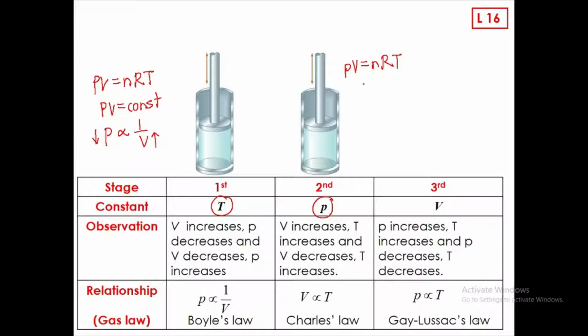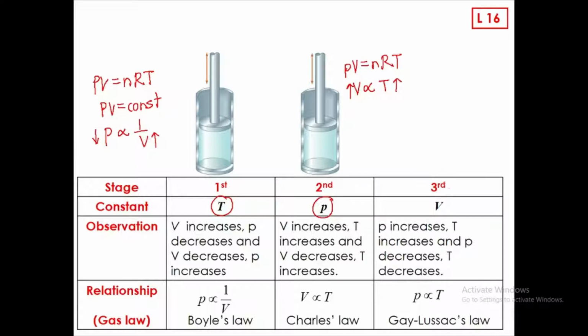So we will get V is directly proportional to T. So when directly proportional, when the temperature is increased, the volume of the container is also increased. And if the temperature of the container is decreased, then the volume also decreases. This one we can state is Charles' law, when the pressure is constant.